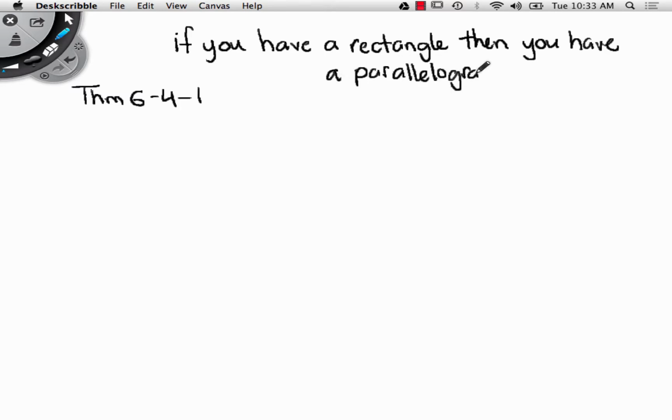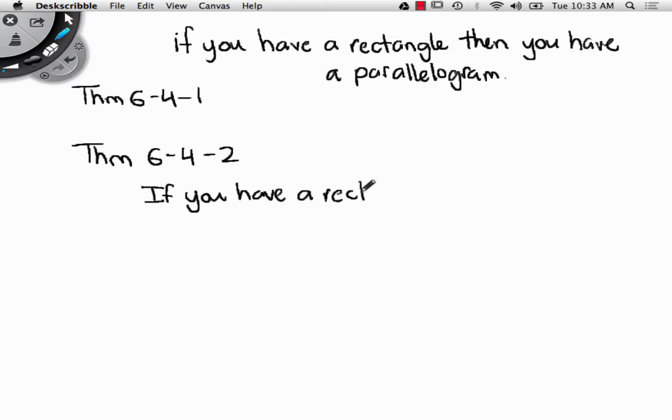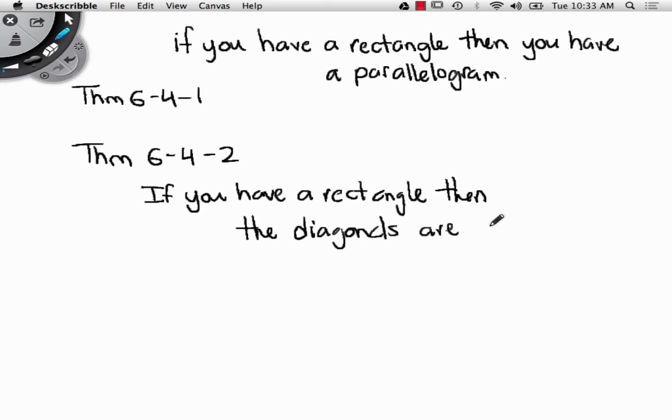And that's all theorem 641 says. Nothing new. Okay? Theorem 642 says if you have a rectangle, then the diagonals are congruent.